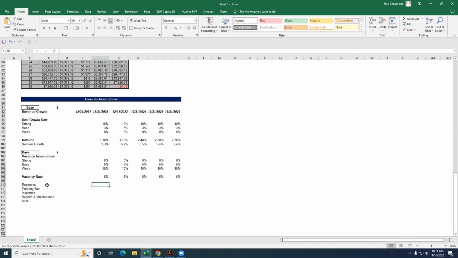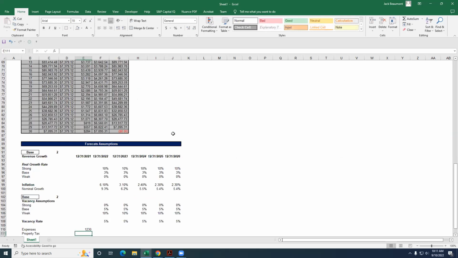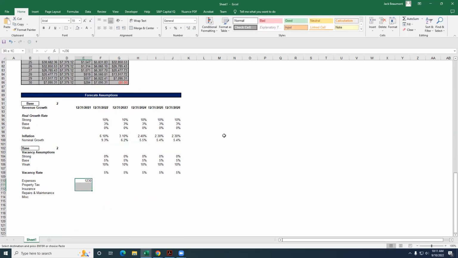So for expenses here, we can build in what they were. Oops, that's going to go down 1. Cool. So for here, it's going to equal this times. We're going to assume everything kind of grows with inflation here.